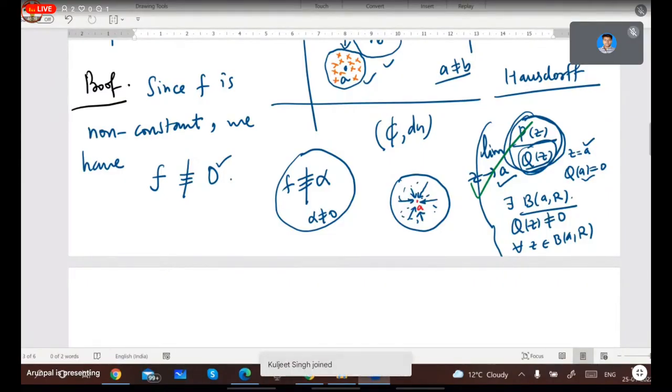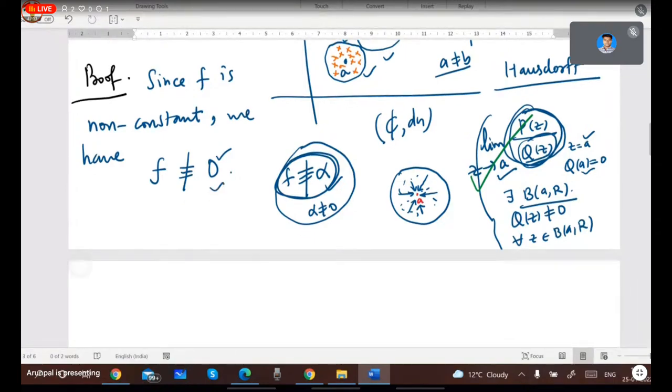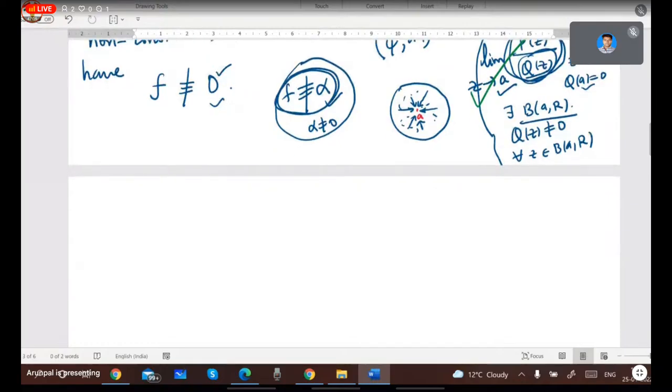Non-constant means simply it is not identically equal to some constant. But I have taken 0 here. I am going to explain why 0, and why not any non-zero alpha. Because non-constant means simply this. Yes or no, class? But I have taken 0. So that makes sense. See how. I'm going to explain especially why we can take 0.